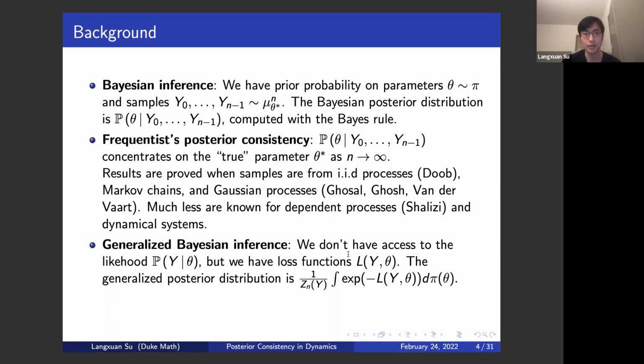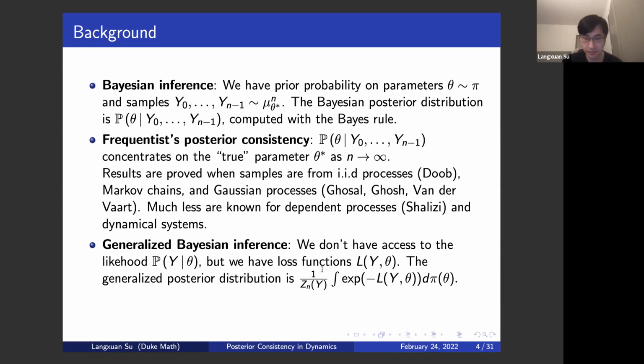So in that case, we cannot use the Bayes rule to calculate the posterior distribution, but we can still calculate something called the generalized posterior distribution based on a loss function. It is given by integrating the exponential of the minus loss with respect to your prior distribution, and then dividing by the normalizing constant. This gives you the generalized Bayes posterior, in the sense that if you take the loss to be the negative log likelihood of y given theta, then you recover the original Bayesian inference.